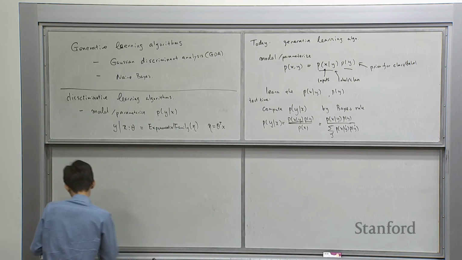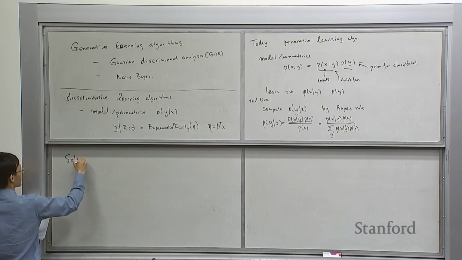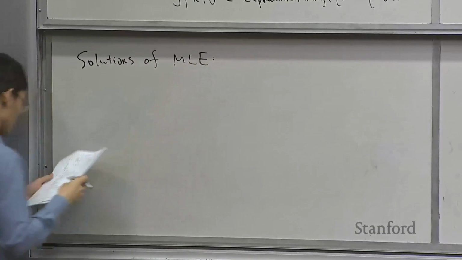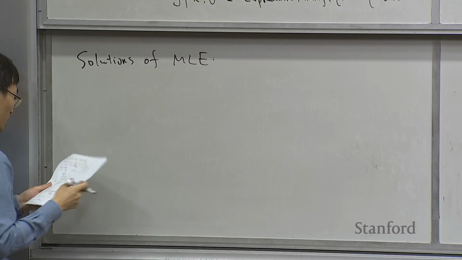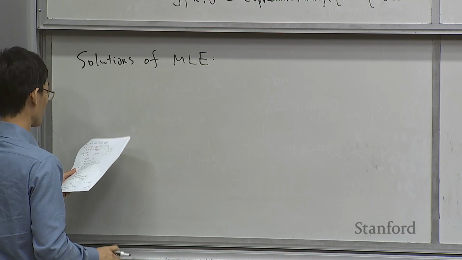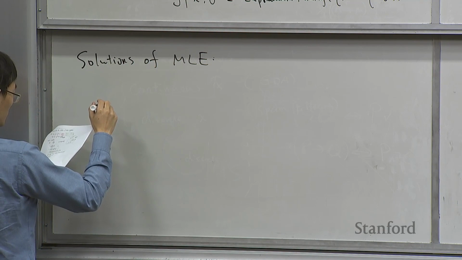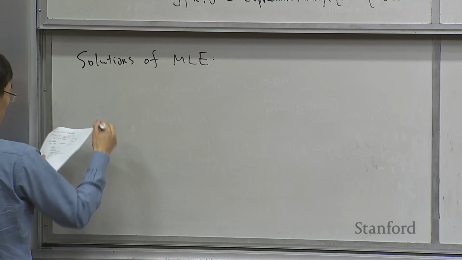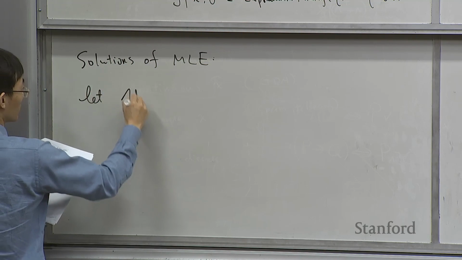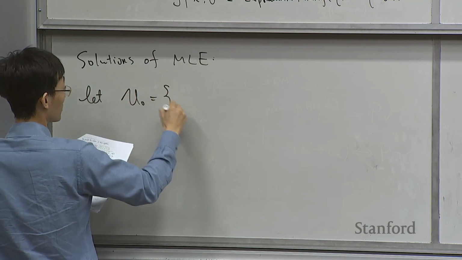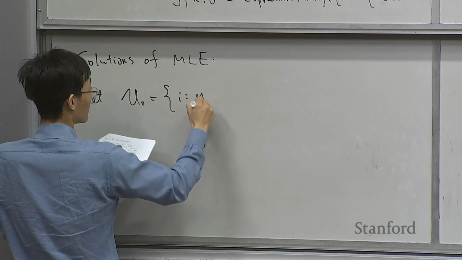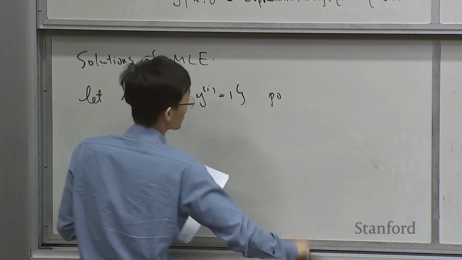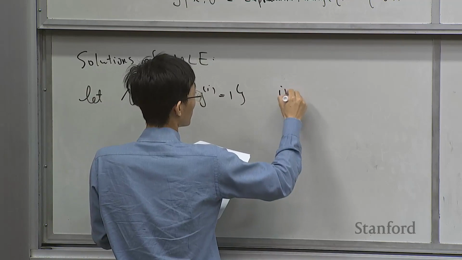Okay, so what are the solutions? I'm going to first define some notation. Let U1 be the indices of all the examples that are positive.